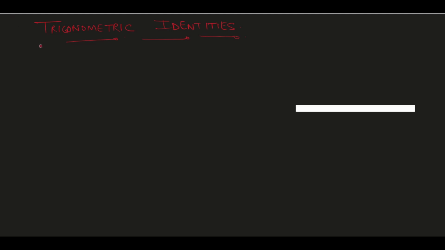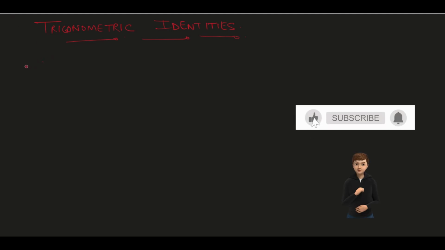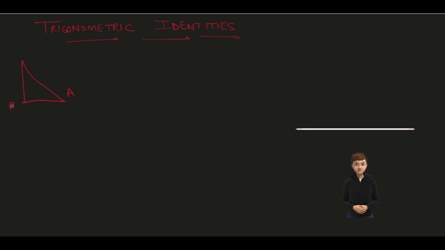Okay, so let's start. So again, I'll just draw a right angle triangle. This was A, this was B, and this is C. My triangle is right angled at B. So we already know what is Pythagoras theorem, right? So I'll write it down here.